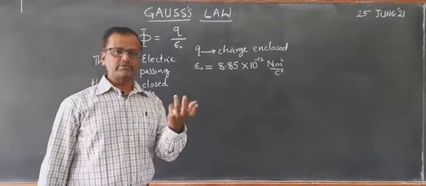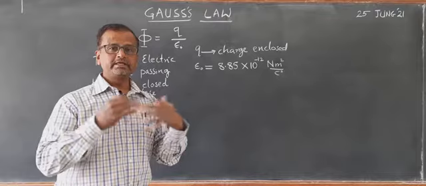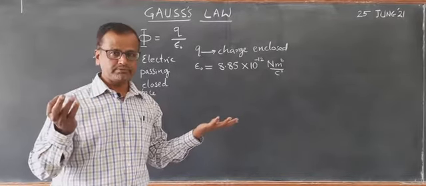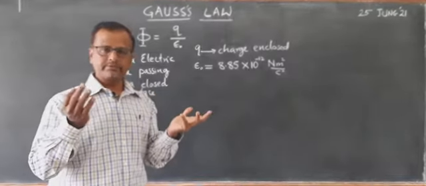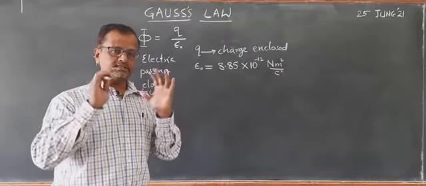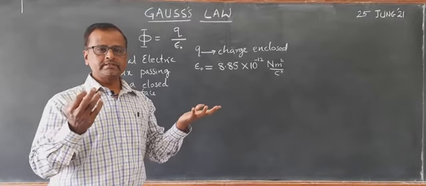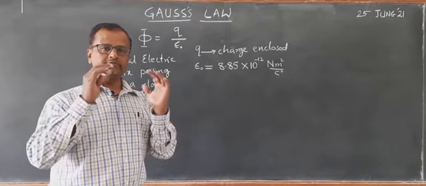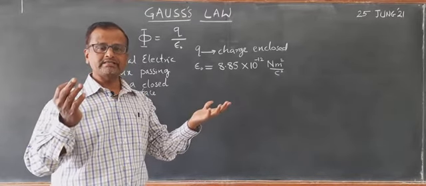If the charge enclosed is positive, then the total electric flux linking with the enclosed surface is positive. If the charge enclosed by the surface is negative, then the flux linking with the surface is negative. That's it. So, there is a possibility of positive flux as well as negative flux.